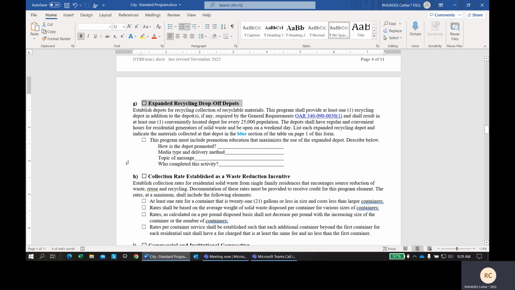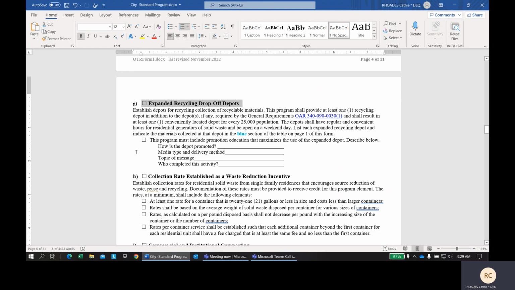Moving on to G. G is an expanded recycling depot. Now, this requires that you establish a depot for recycling collection of recyclable materials. This would be one recycling depot in addition to any depot that is required by the general requirements. Now, the general requirements state that if you have a permitted facility, such as a transfer station or a landfill, you're required to have a recycling depot there or provide a more convenient location.